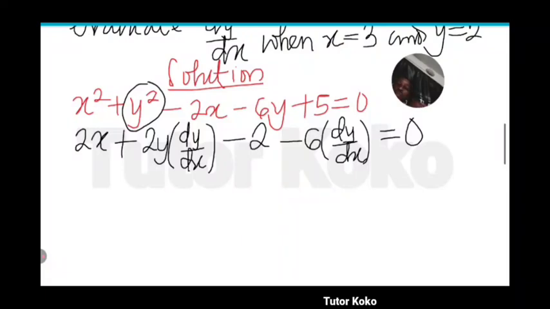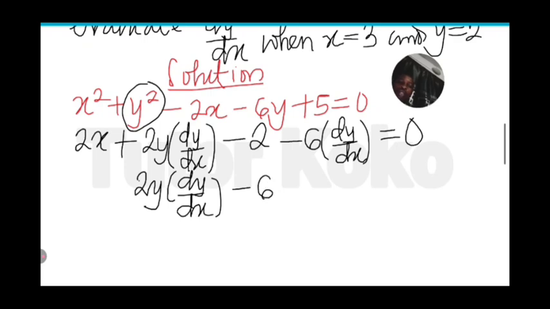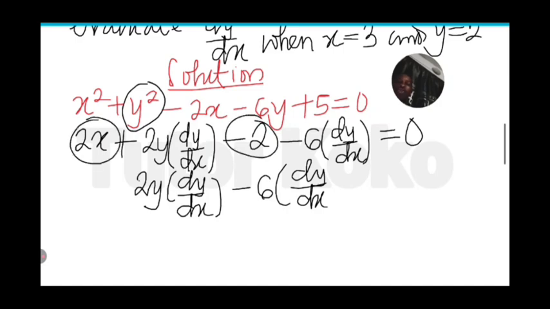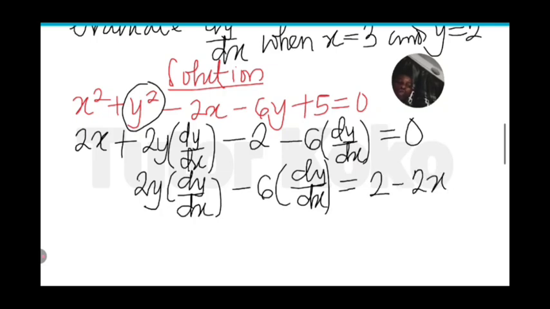Do you understand? So we are going to rearrange, bringing all the dy/dx together. I'm going to have 2y dy/dx minus 6 dy/dx. Then take the other terms to the right hand side, so you have equal to 2 minus 2x.